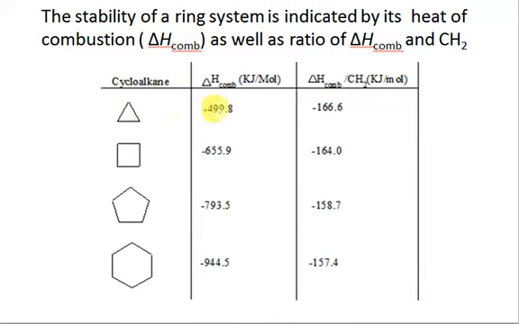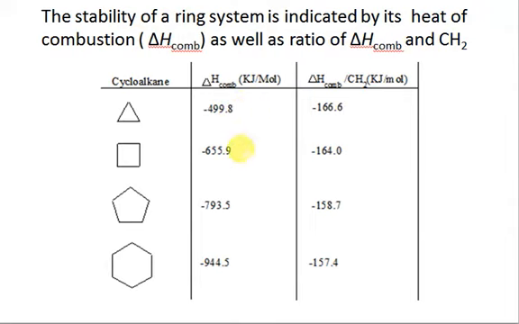So you can see the heat of combustion is minus 499, right? That's higher. While in case of the ratio of heat of combustion and CH2, you can see this is 166.6. So as you move lower, the value is becoming more negative, right?